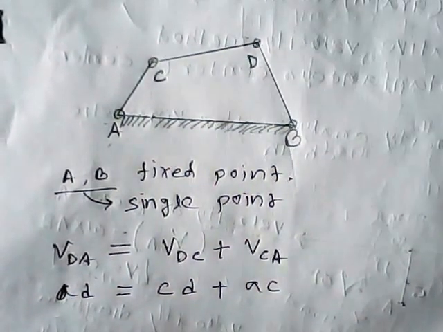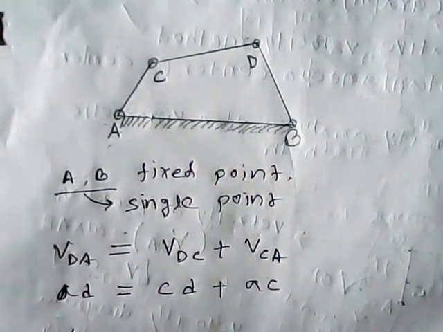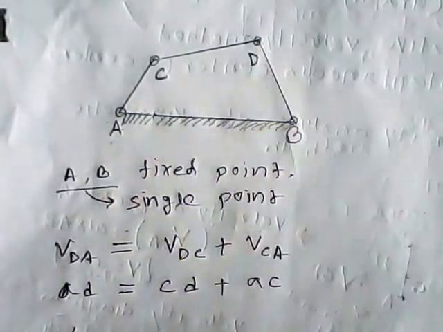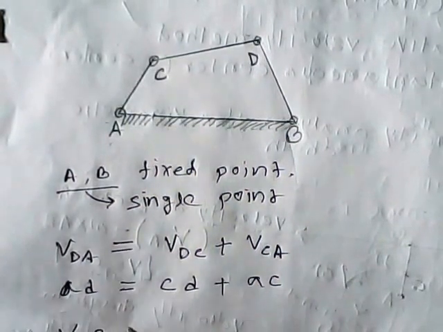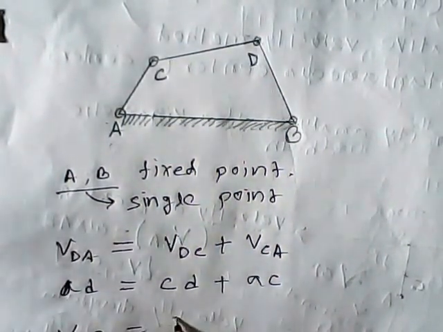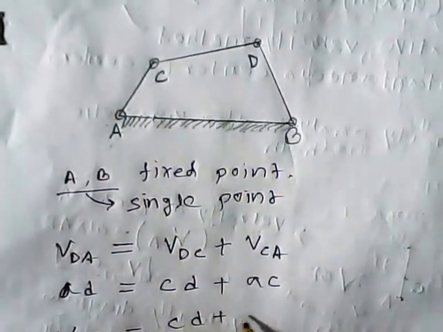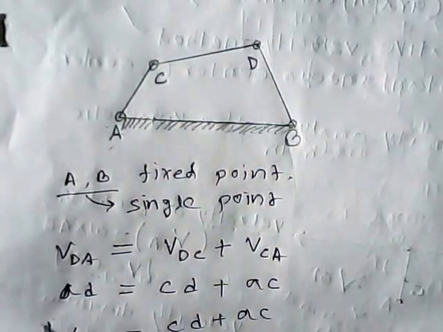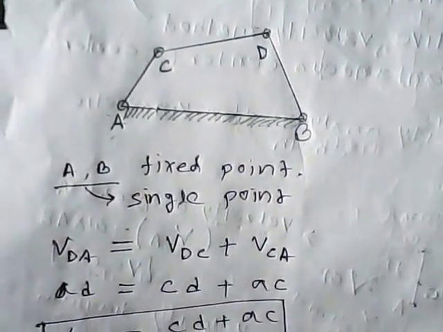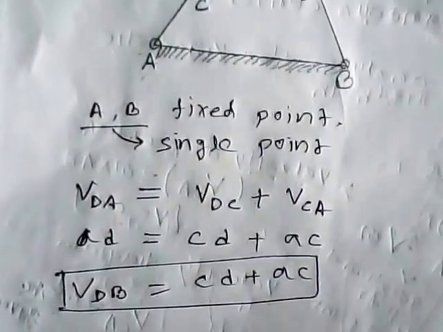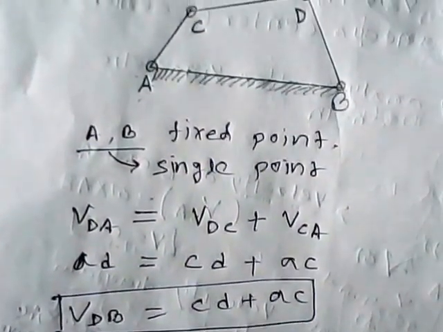Velocity of D with respect to B is V DB equal to velocity of D with respect to C plus velocity of C with respect to A, if A and B are fixed points.